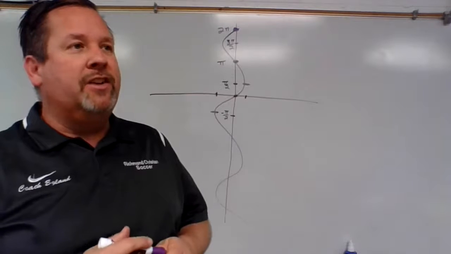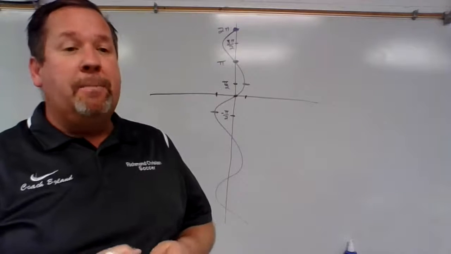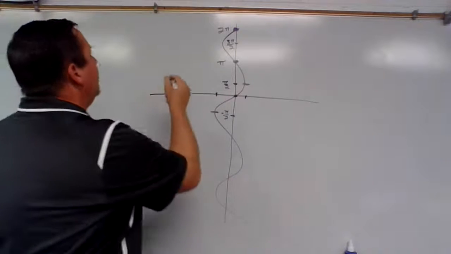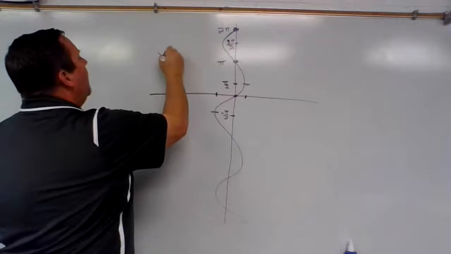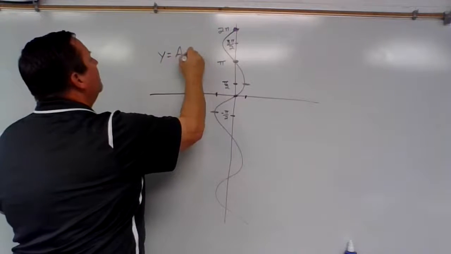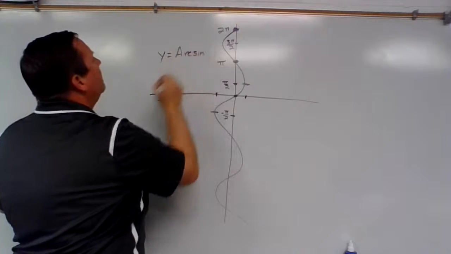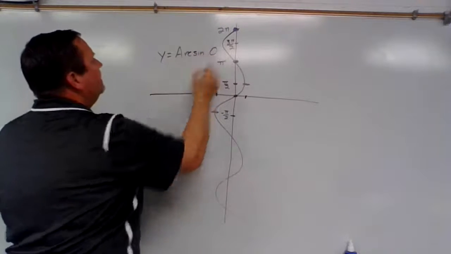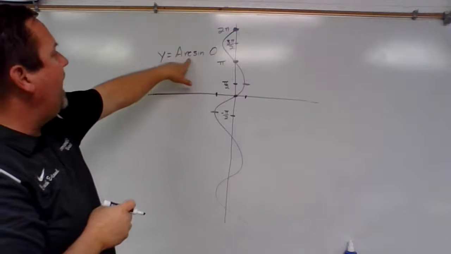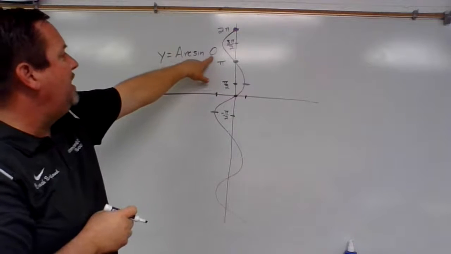By the way, there's a little hint or symbol that you're only talking about principal values. When it says y equals Arcsin 0, remember how I would read this again: y equals the angle whose sine is 0.